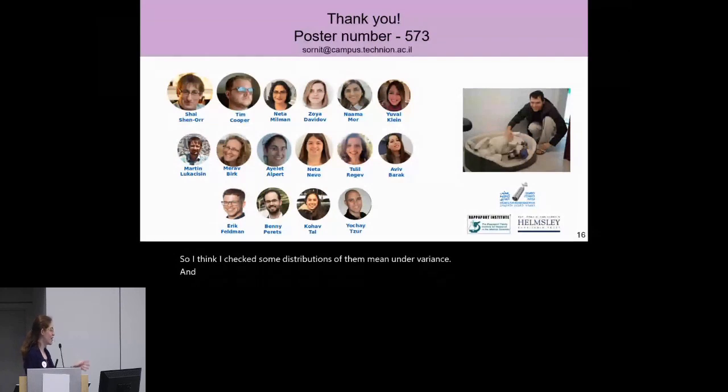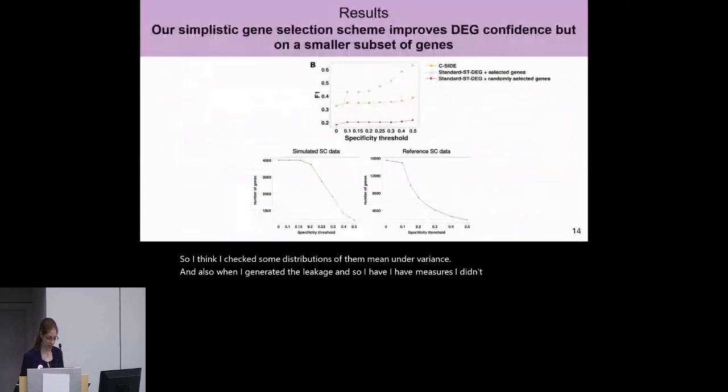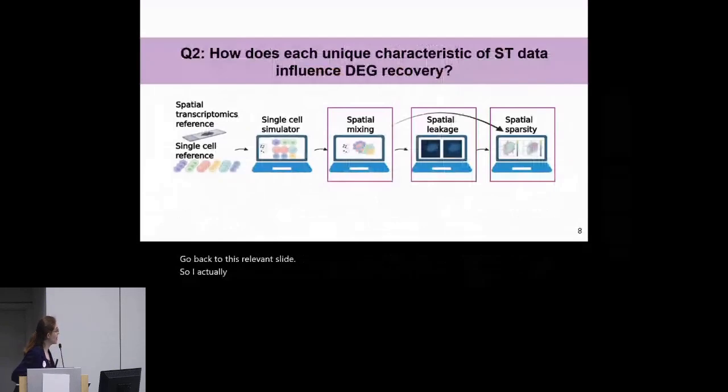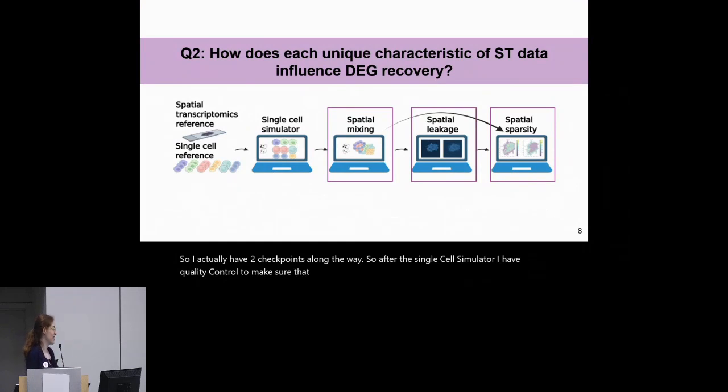Let me go back to the relevant slide. I actually have two checkpoints along the way. After the single cell simulator, I have quality control to make sure that the ground truth stays close to the simulated data.